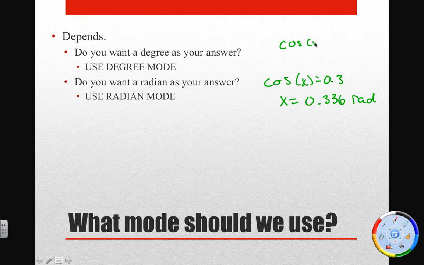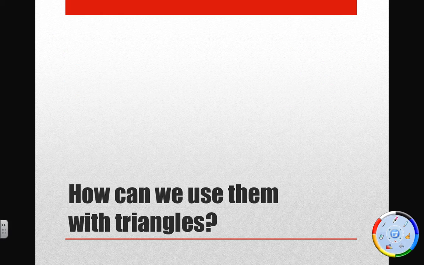Whereas if I did it in degree mode, I get 17.46 degrees. So you could probably figure out that 17.46 degrees is equal to 0.336 radians. All right, so it depends on what your calculator is in or what you want as an answer to determine what mode you need to be in. I'm not going to do this example because we did this one with the 0.3 instead.